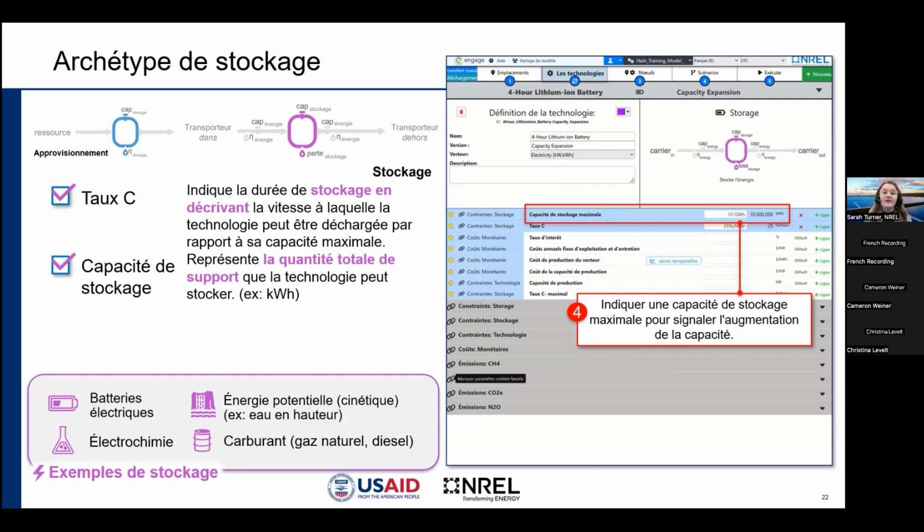This is why we use kilowatts to describe a solar technology's power, since it is the rate of electricity it can produce. But we would use kilowatt hours to represent our battery storage capacity. For now, we will specify a really large number in our model for the battery's maximum storage capacity that could easily serve the hospital's load if needed.